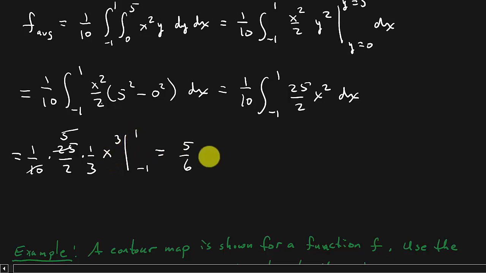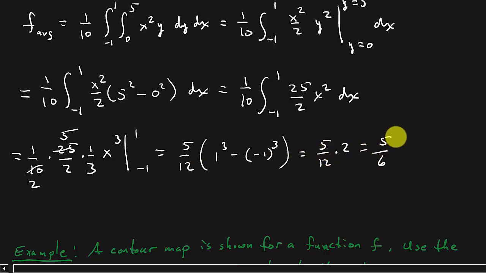And then x cubed, I'm evaluating from 1 to -1. So that's going to be 1 cubed minus -1 cubed. So that's just 1 plus 1. Oh, I'm sorry, that'd be a 2 there. So that would be 5 over 12. It's late in the video, my mind's going, I guess. So that would actually be 5 over 12 times 2, which would be 5 over 6. And so there's your answer.